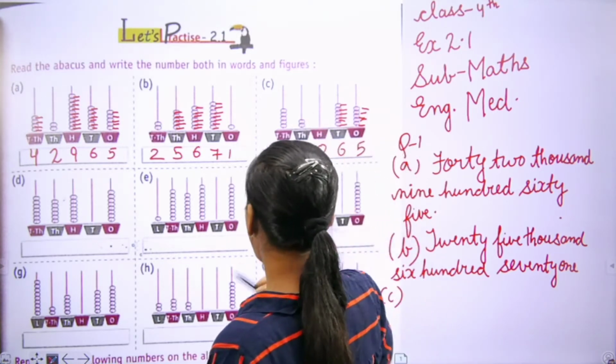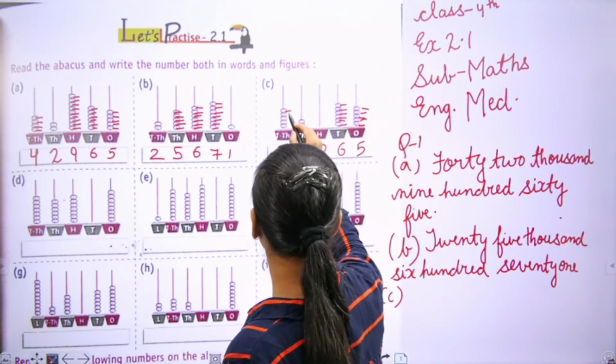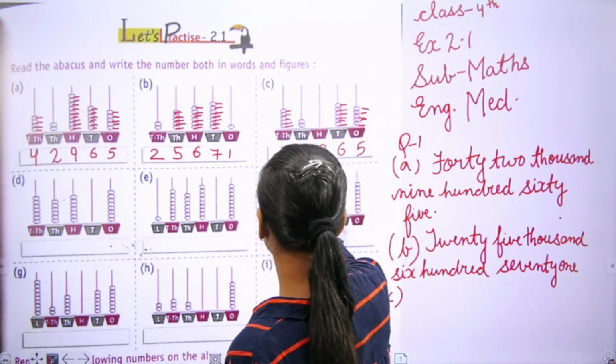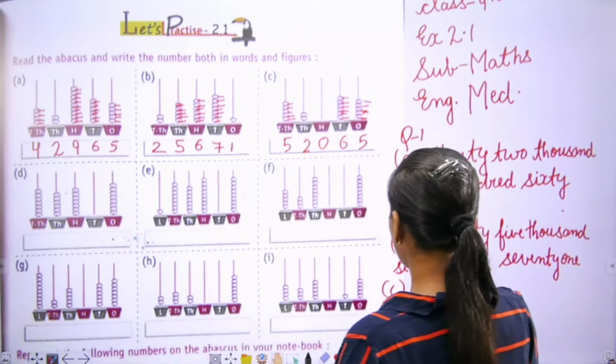Next, how many beads in 10,000 side? Let's count all together. 1, 2, 3, 4, 5. We will write here 5. Now we have to write in words.